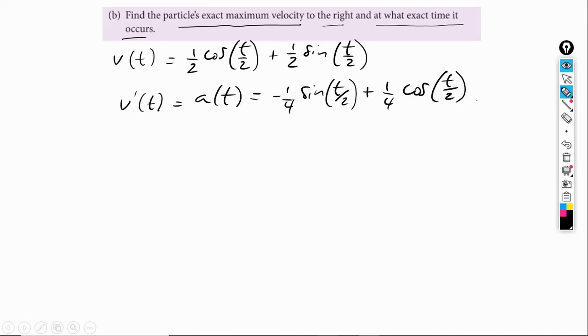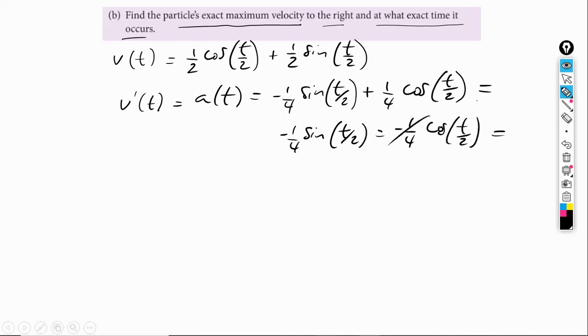Okay, so the next thing we need to do is set this equal to 0. So let's set this equal to 0 and solve. We're going to get minus 1/4 sine of t halves is equal to minus 1/4 cosine of t halves.